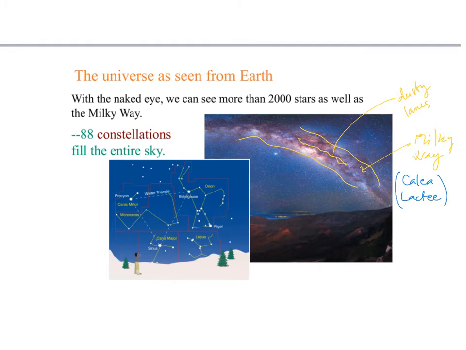Wherever you point on a map of the United States, you are in some state. And very much the same, wherever you point into the sky, you are going to be in some constellation. And it turns out there are 88 regions that cover the entire sky.